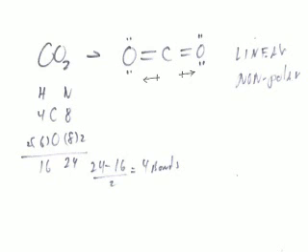And VSEPR says two sets of electrons get 180 degrees apart, and therefore the two dipoles between the carbon and the oxygens actually point 180 degrees away from each other, and therefore carbon dioxide, unlike the sulfur dioxide, is in fact going to be a nonpolar molecule.